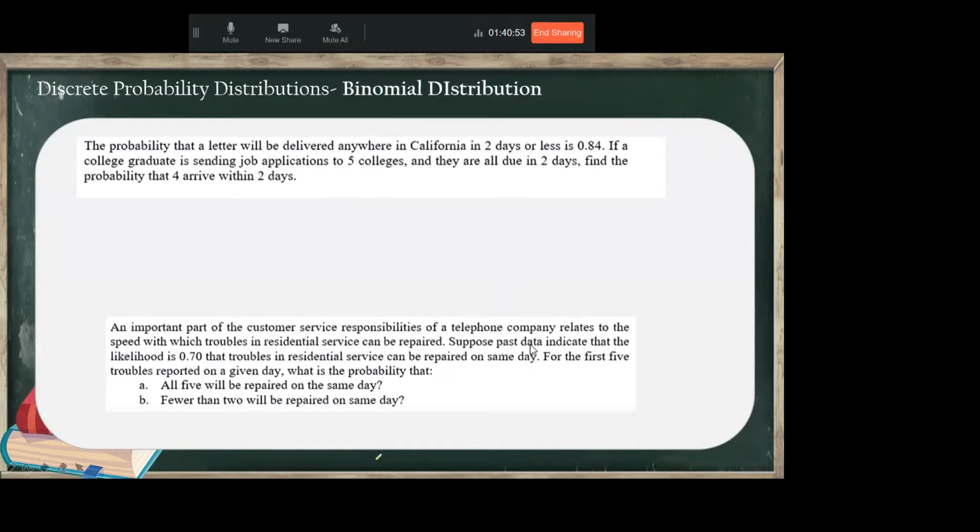Now, let's take a few more examples and then we can end. The probability that a letter will be delivered anywhere in California in 2 days or less is 0.84.